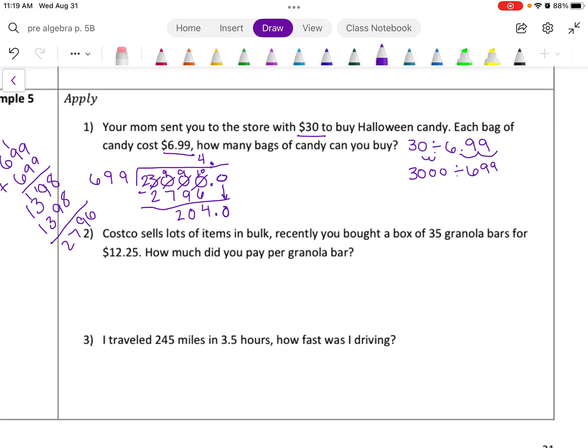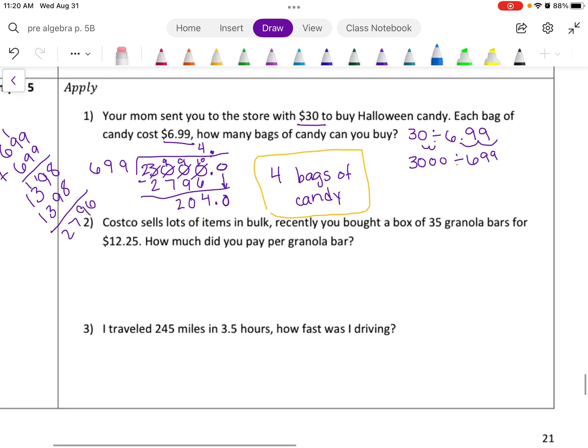Probably not, right? So since we have to buy a whole bag of candy, all or nothing, we don't need to keep going with our decimal point. So we know that we could buy 4 bags of candy with our $30, and we'd have a little bit of money left over, but we could only buy 4 bags of candy.